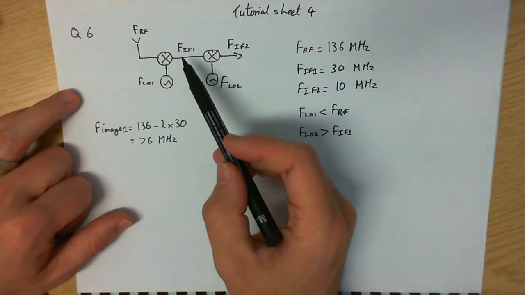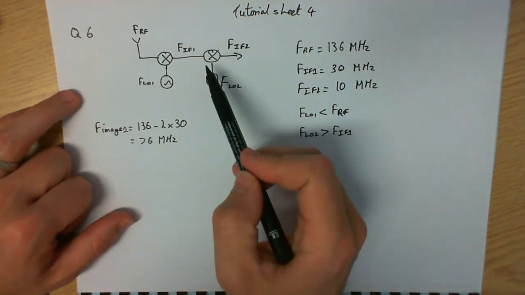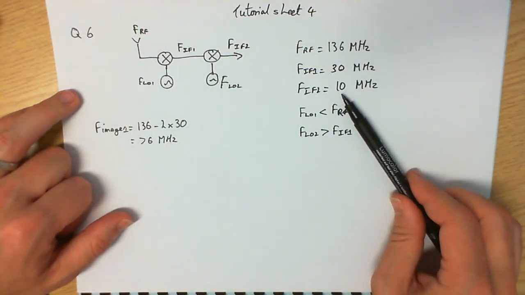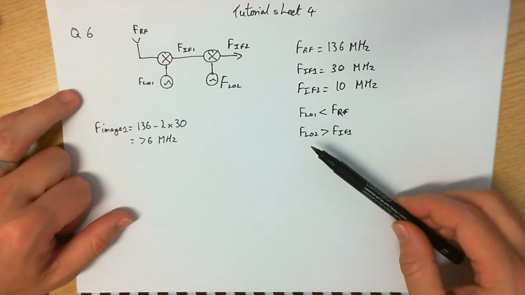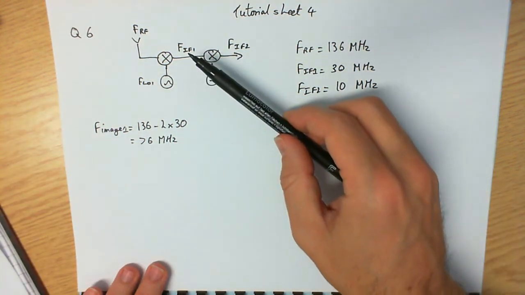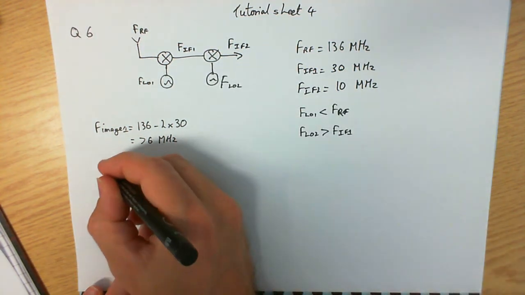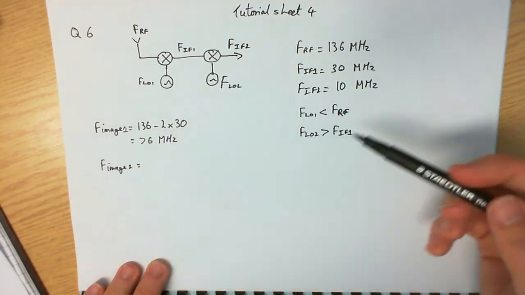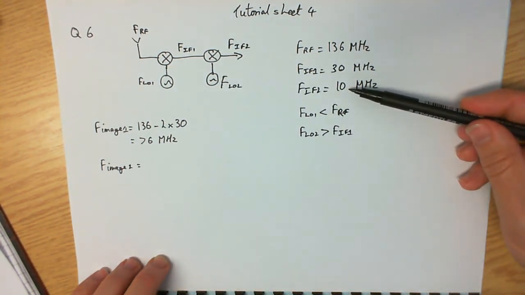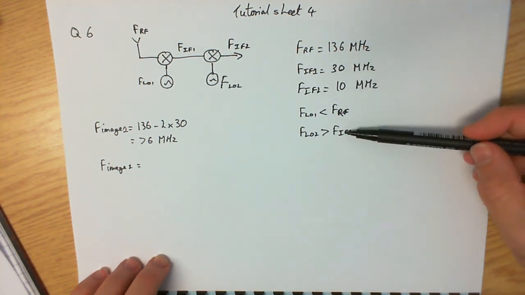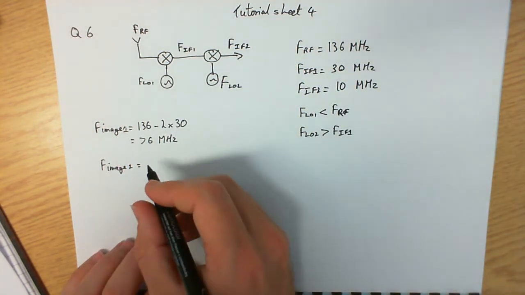Our second image frequency is related to the second stage, and in this case we have an IF of 10 megahertz, and we also know that our local oscillator is greater than our FIF1. So our second image frequency is going to be double the IF above 30 megahertz, due to the fact that our local oscillator is above our IF.